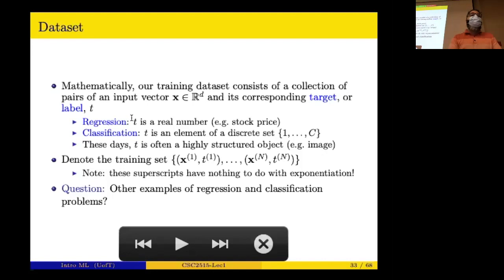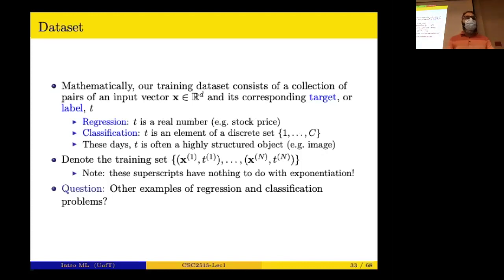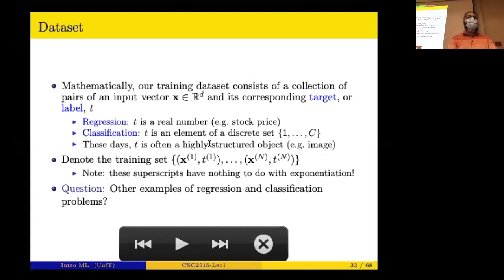Then we have the regression problem, where t, the target, which is not really a label but more like a target, is a real-valued number, like 5.75 or something like that. In some other problems, the target can have more structure.